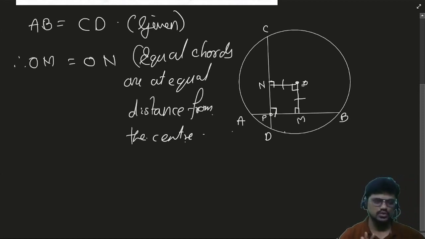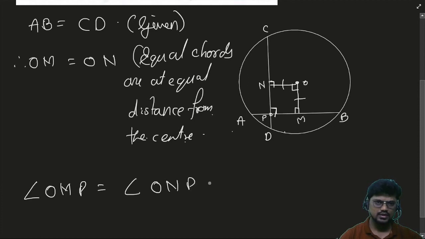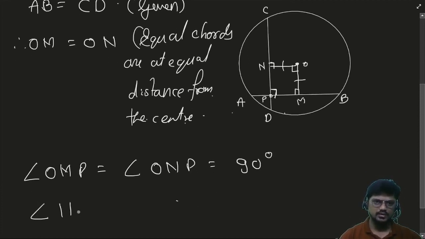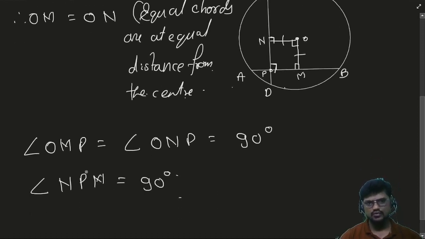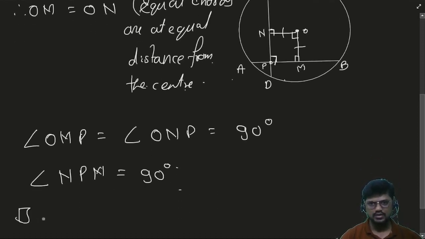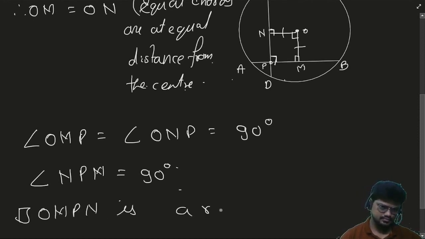See, OM is equal to ON. Fine, this we have written. Now, angle OMP is equal to angle ONP is equal to 90 degrees, and angle NPM is also equal to 90 degrees. Therefore, quadrilateral OMPN is a rectangle. First we see that it's a rectangle.